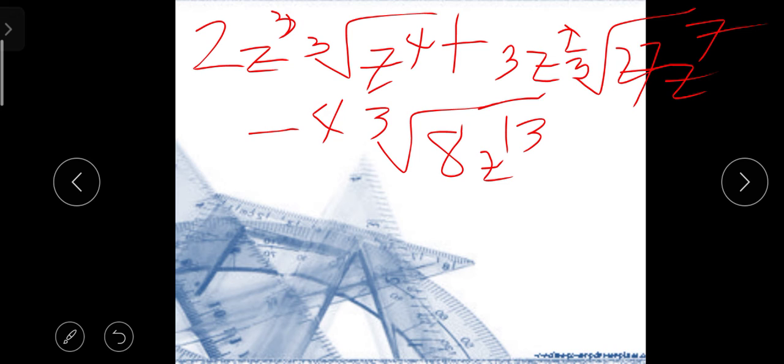So, as we can see here, pare-pareho po siyang naka-cube root. Kaya lang, ito ay magkakaiba ng exponent doon sa loob.